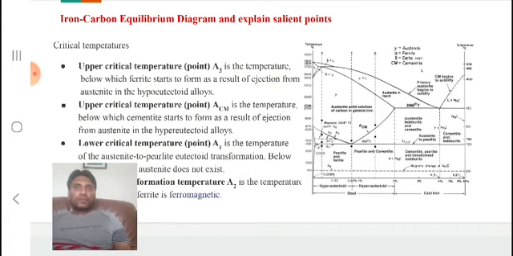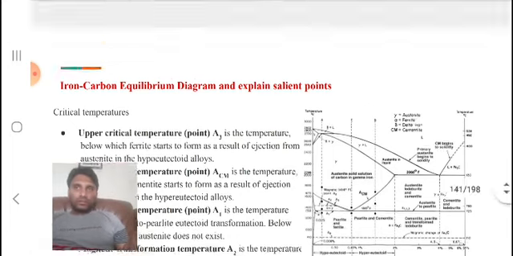This is very important for steels, and the upper critical temperature and the eutectic point are for cast irons. Usually cast irons are heat treated at more than 1200 degrees centigrade. So these are the points to be remembered.